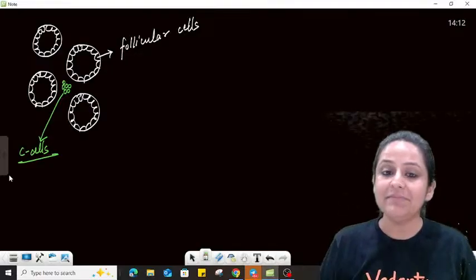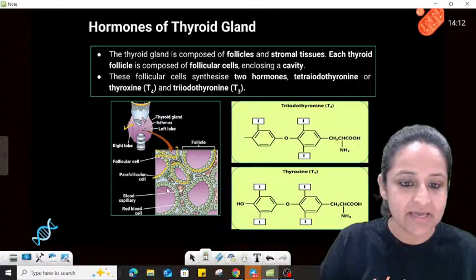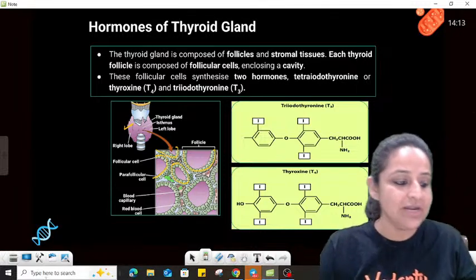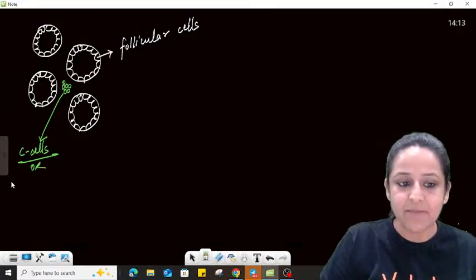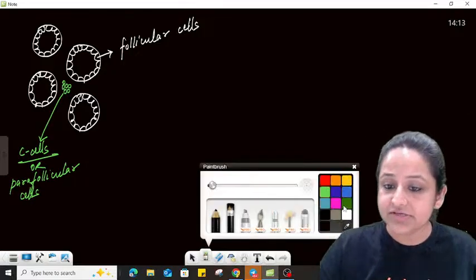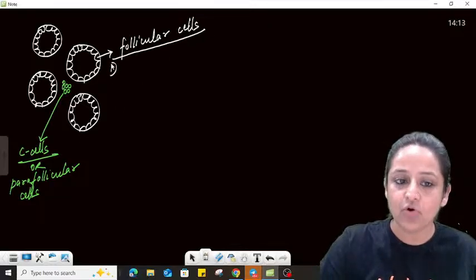You can see in the same diagram, these are the thyroid follicles, and these are the cells that I'm talking about, the C cells, also called the parafollicular cells.